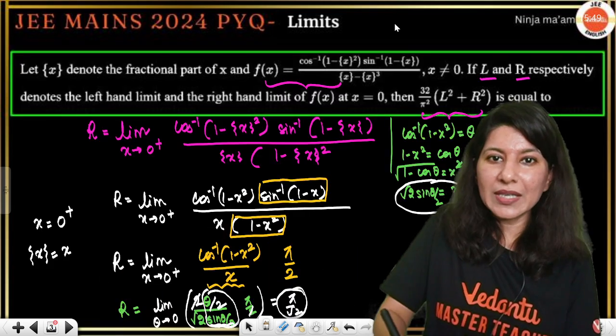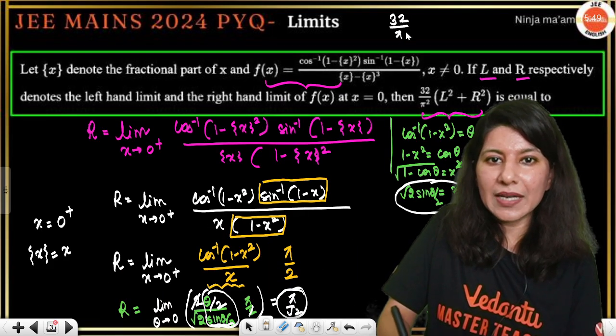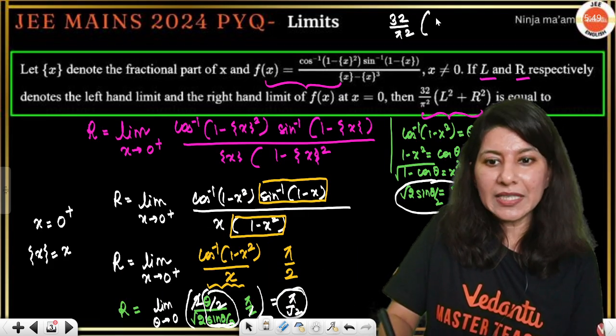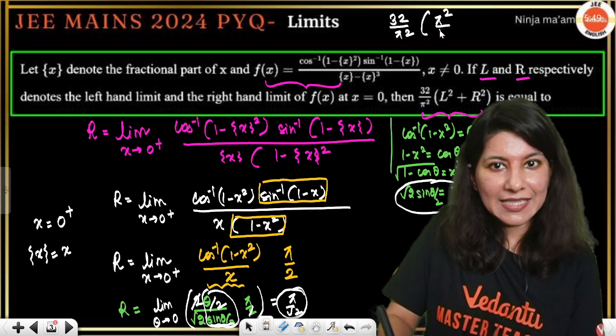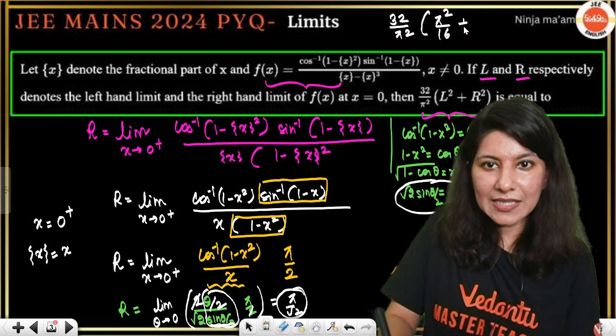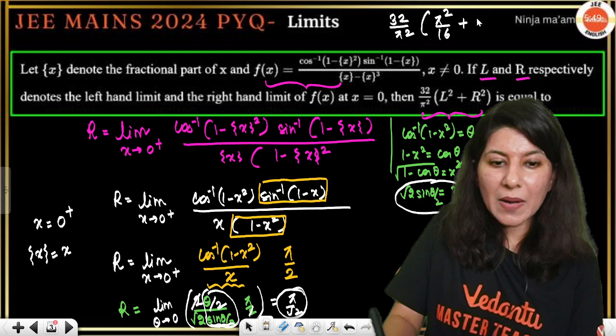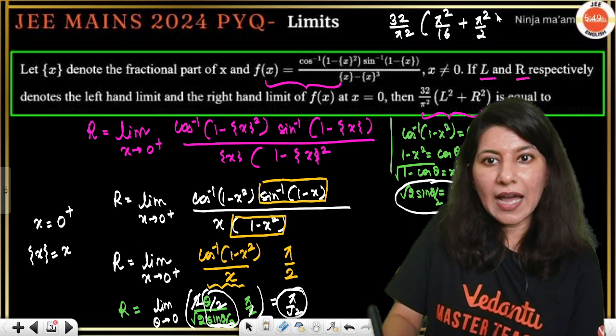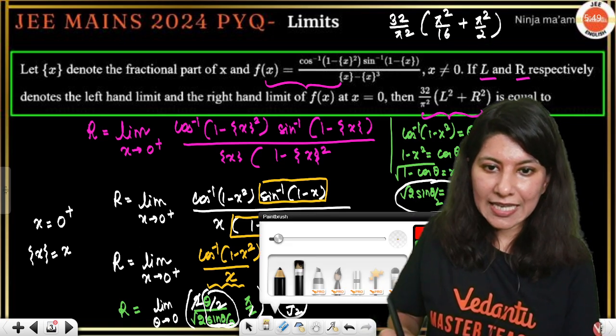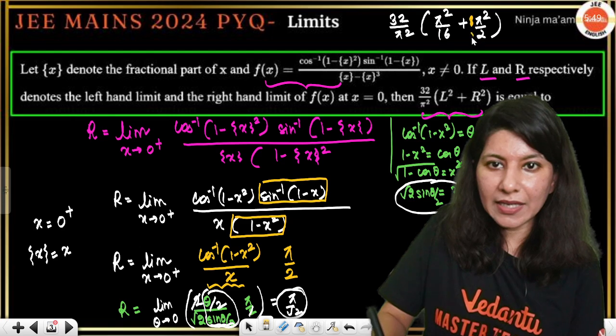So now we can easily calculate 32 by pi square. Left hand limit is pi square by 16, because pi by 4 whole square is this. Right hand limit will be what? Pi square by 2. Just take LCM or multiply 8 by 8 here.